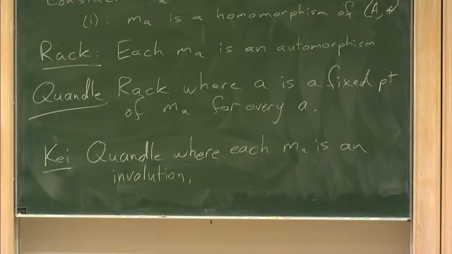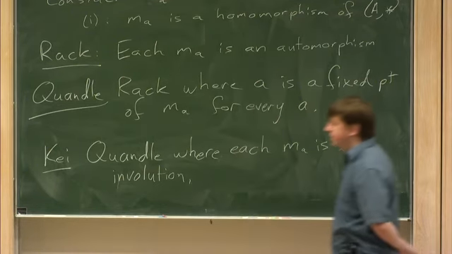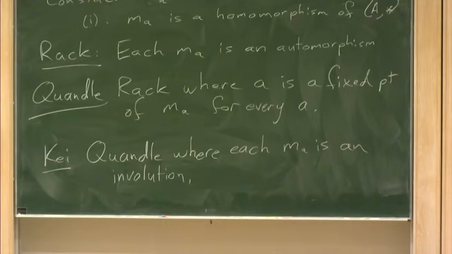But apparently kei means this. Yes, most of the other work comes from much more recently. Quandles, well, Joyce was 1980s. Quandle is his invention word. Does that mean anything? No, it's just a nonsense word that he felt sounded right.